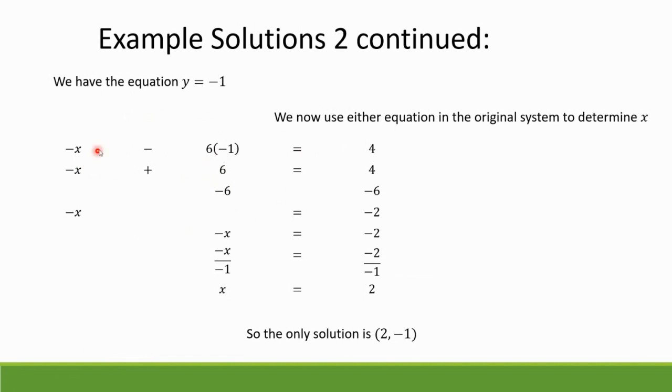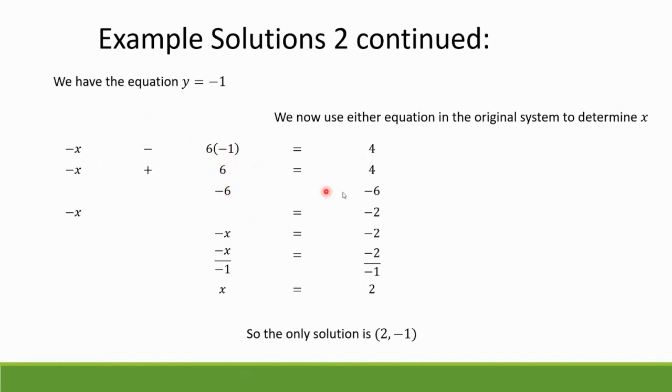So we have minus x minus 6 times -1, which is 4. And of course, this is the same as minus x plus 6, which is 4.